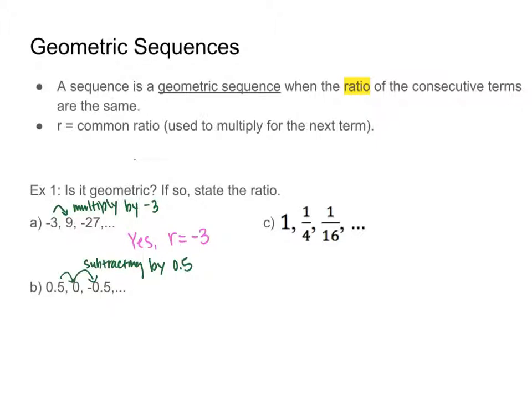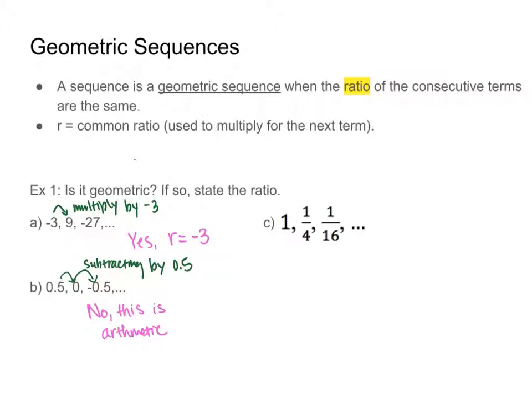Because this is subtracting, this is not geometric, right? What type of sequence would this be? Well, this is going to be an arithmetic sequence. So no, this is an arithmetic sequence because it is subtracting by 0.5 instead of multiplying. So watch out for what operations they use.